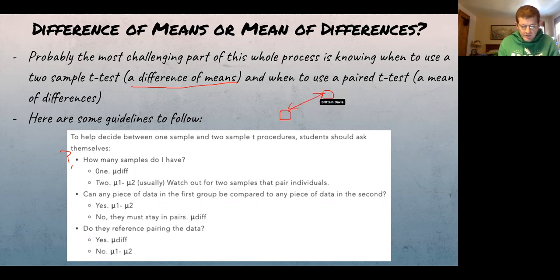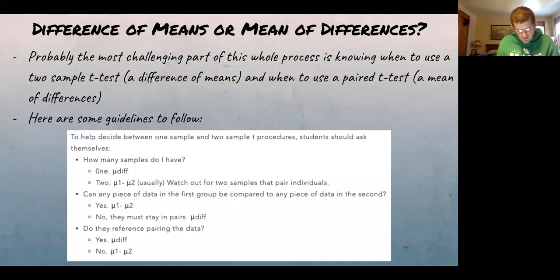There is no natural pairing, so any piece could be compared to any piece, which means I'm using a difference of means. But if they must stay in pairs, because there's only one natural pairing, then it's going to be a mean of differences.